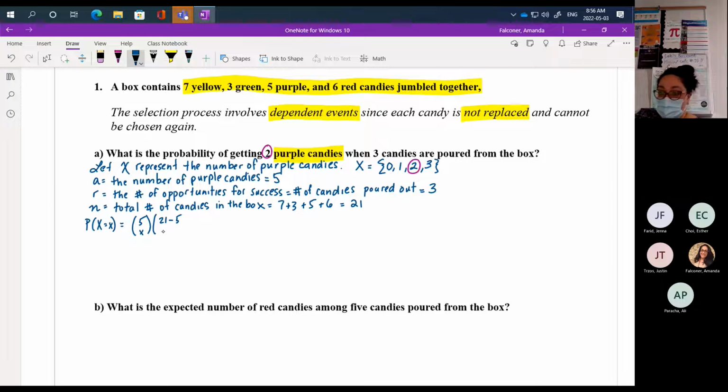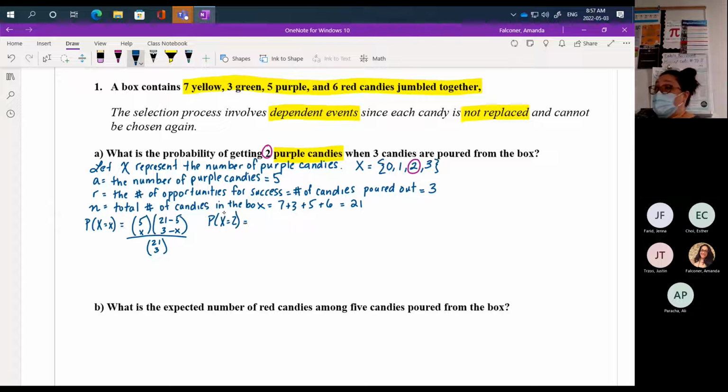And then in the bottom of the combination, it's r minus x, so it'd be 3 minus x, all over n choose r, so 21 choose 3. That's just the general formula. You don't always have to write the general formula down.